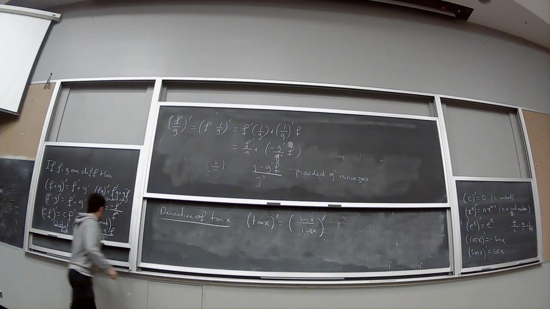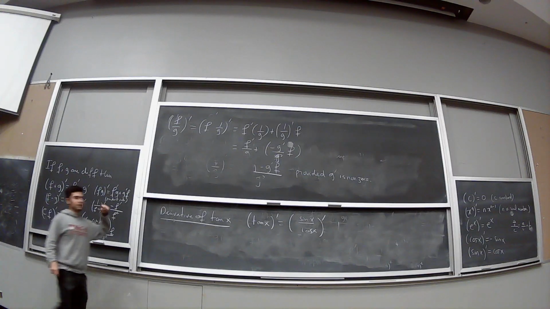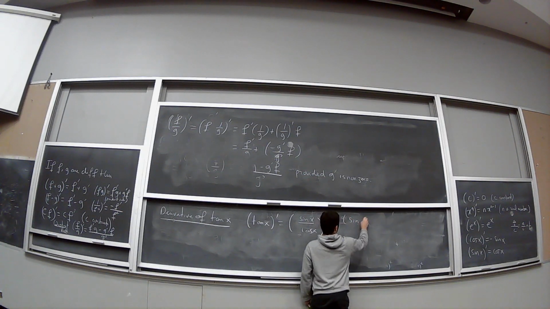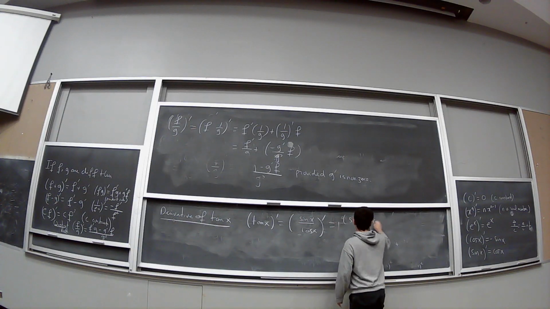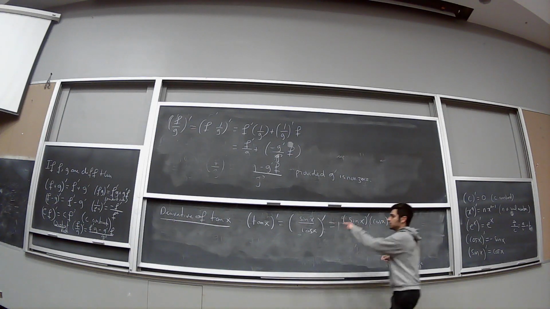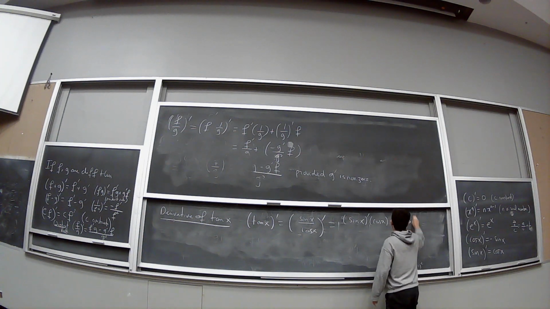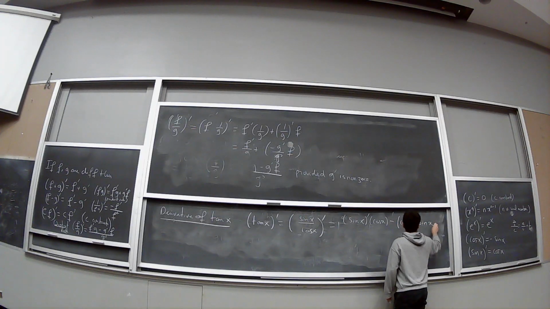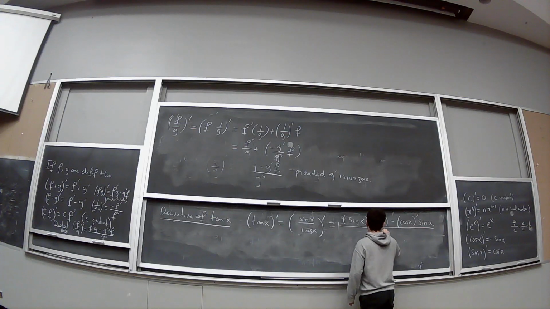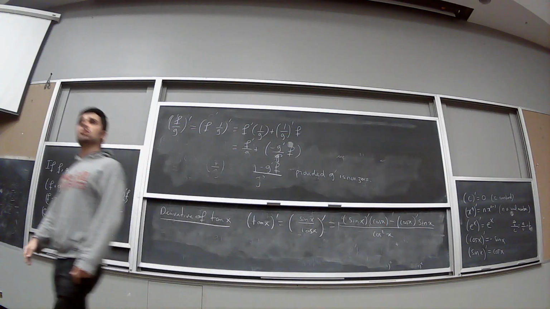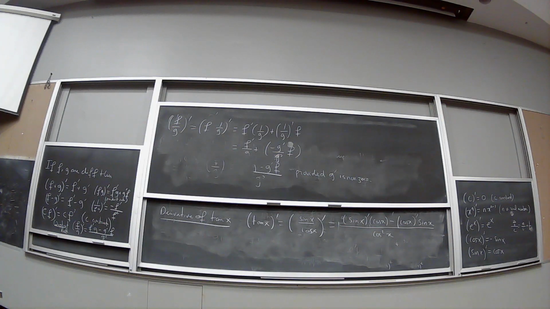It's f prime times g, numerator, the derivative of the numerator, which is sine x prime, times g, minus the derivative of the denominator, which is the derivative of cosine x, times the numerator, sine x, over the denominator squared. Okay? So far so good? Is that clear? Everybody, any questions on this?